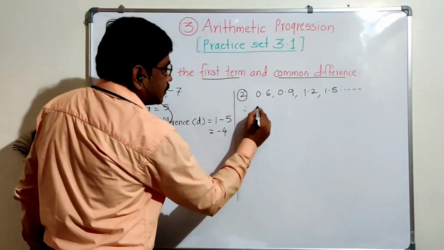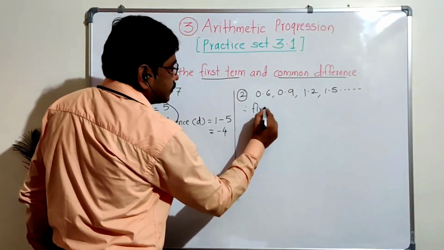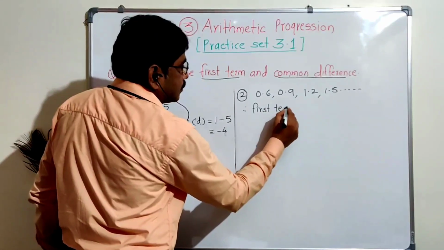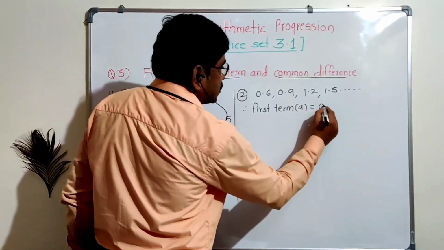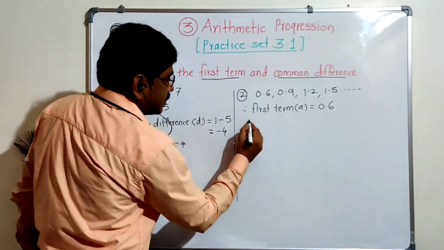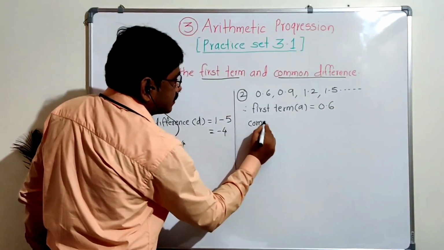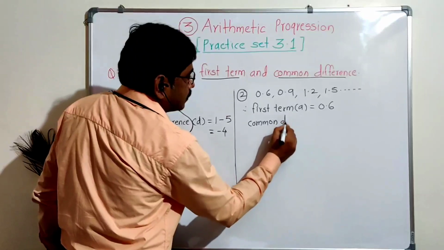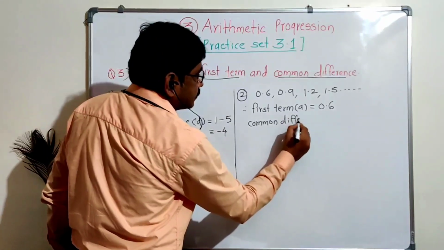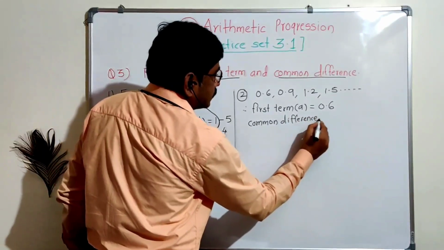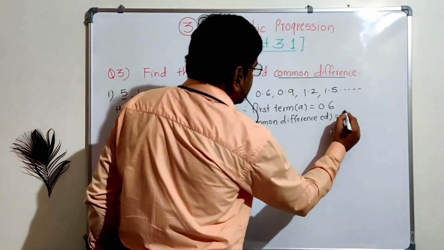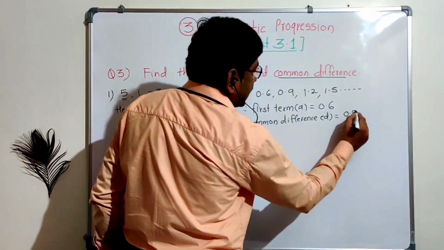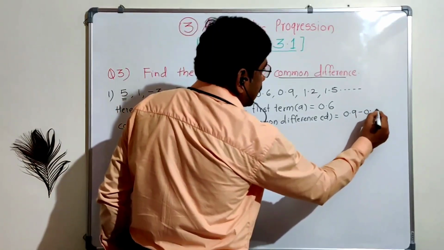Therefore, the first term A is equal to 0.6 and common difference D is equal to T2 minus T1, that means 0.9 minus 0.6.